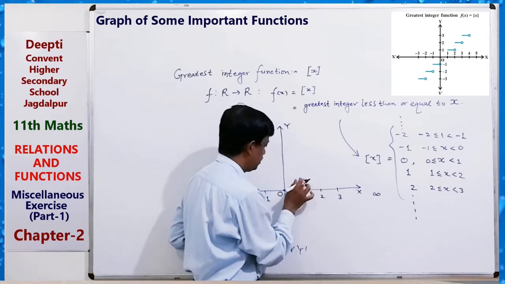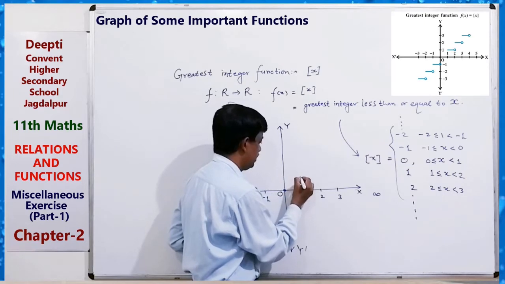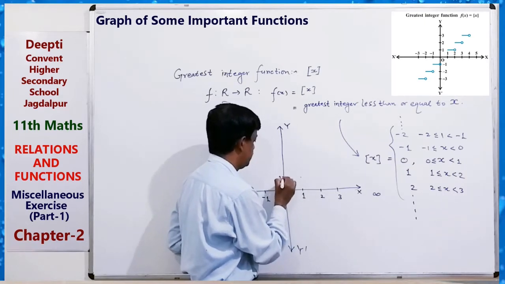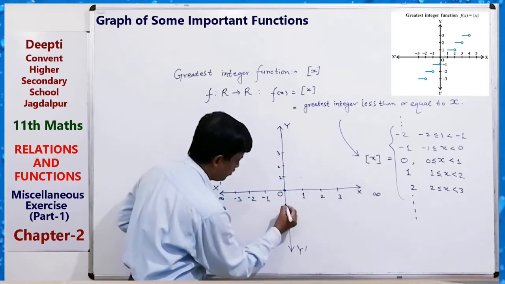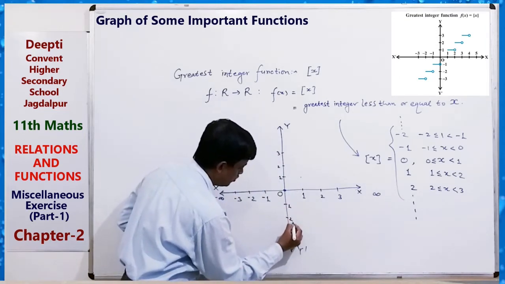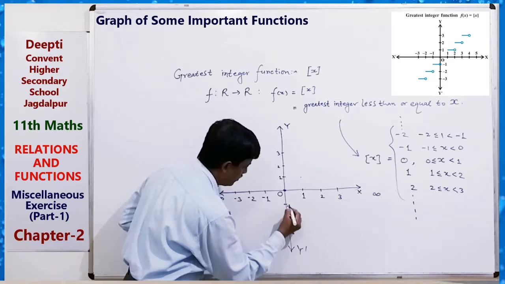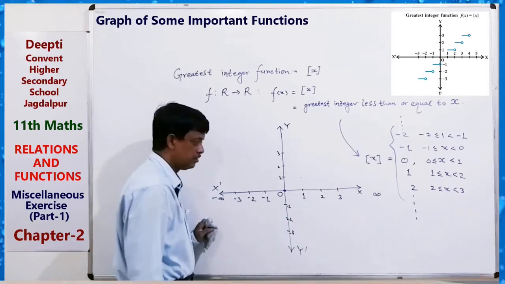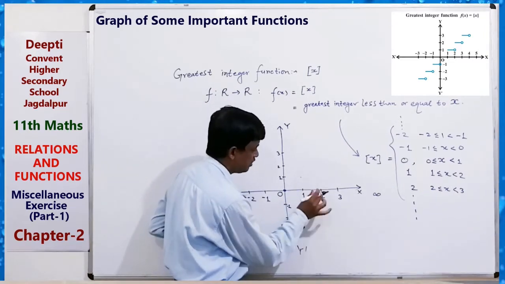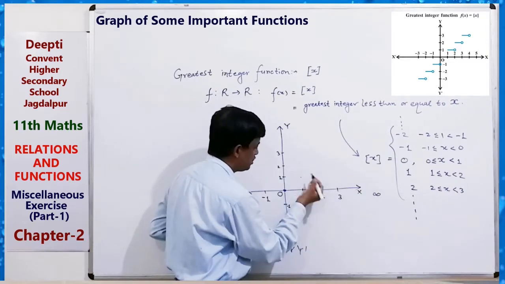So if this is 1, then 1, 2, 3, and negative values here. So in this interval, the value of y is 1.